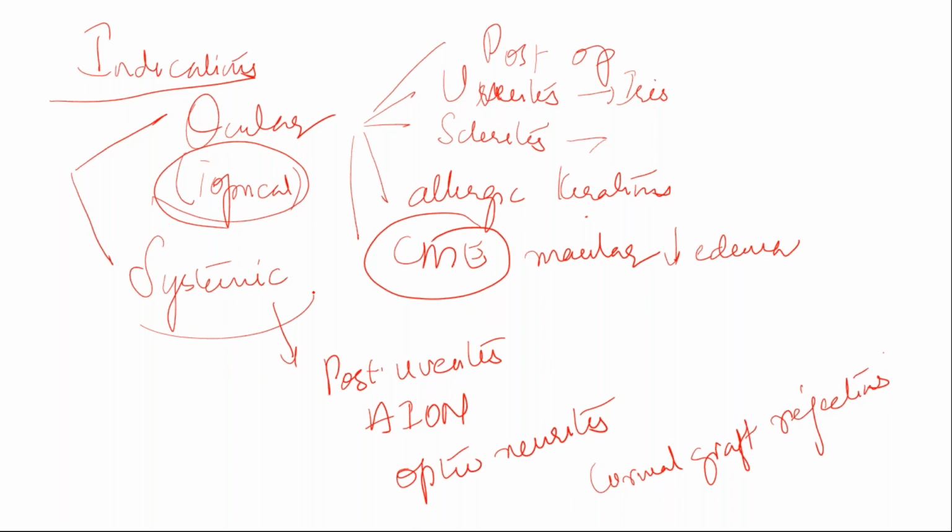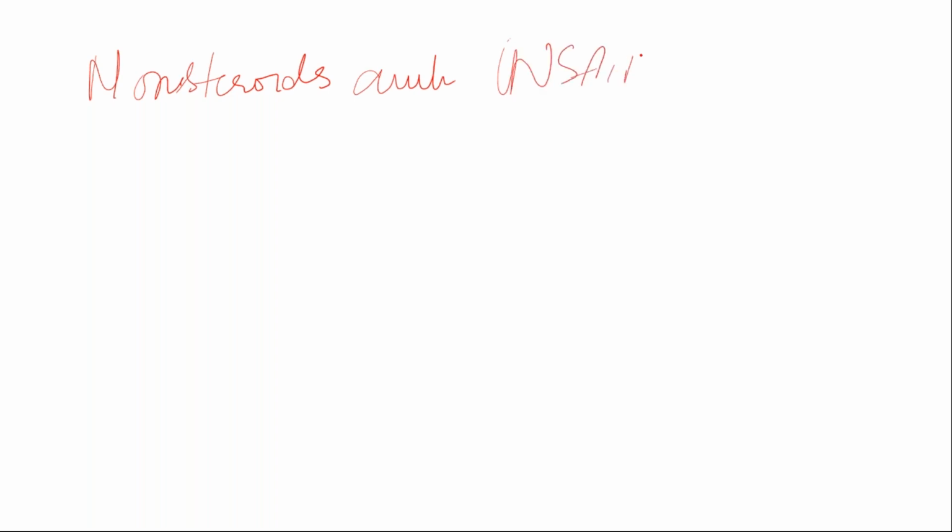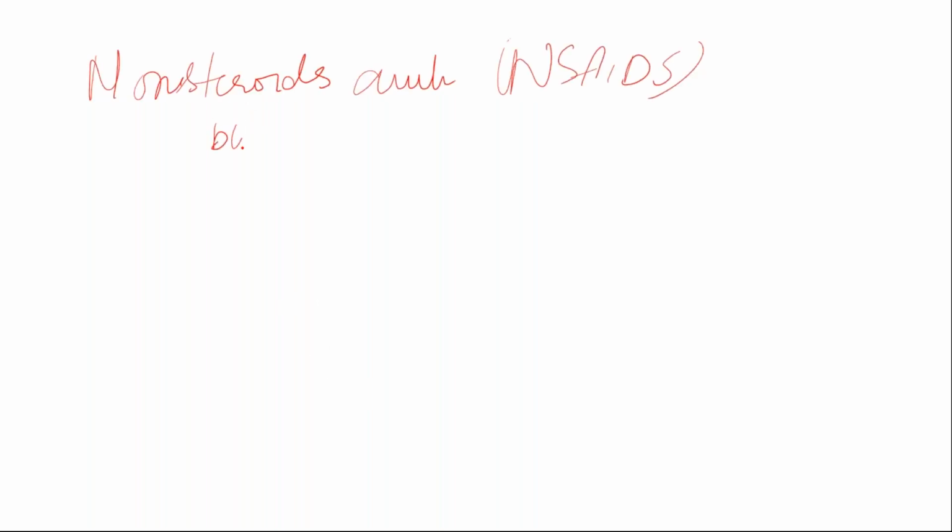Okay. So these are the corticosteroids we are talking about. Now we are going to deal with non-steroidal anti-inflammatory drugs. That is the NSAIDs, right? So NSAIDs, what is the mechanism of action? It blocks the enzyme.